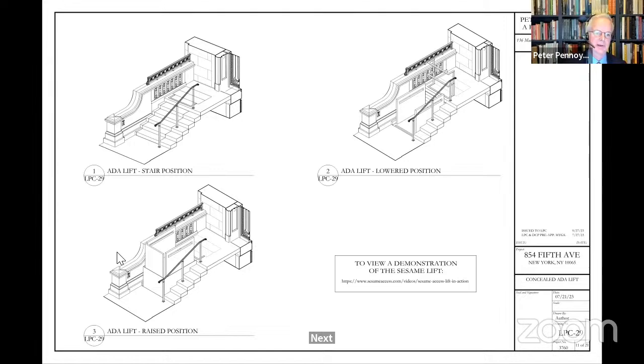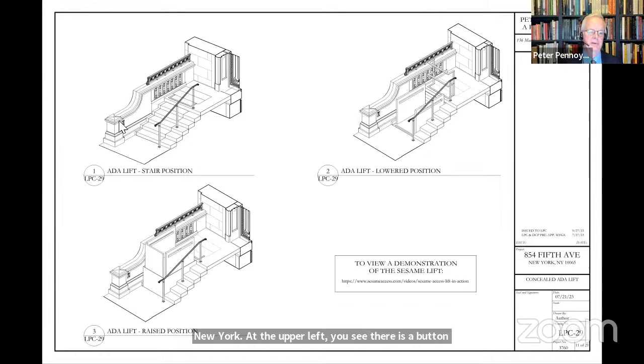This is a diagrammatic representation of the function of the ADA lift. We believe it's the first time this will have been used in New York. At the upper left, you see there's a button that is self-serve, as we call it, for handicapped visitors. They do not have to call an attendant. There's no doorman to come down. We don't need that.